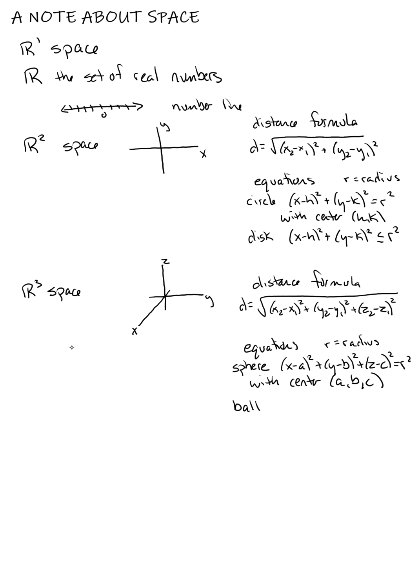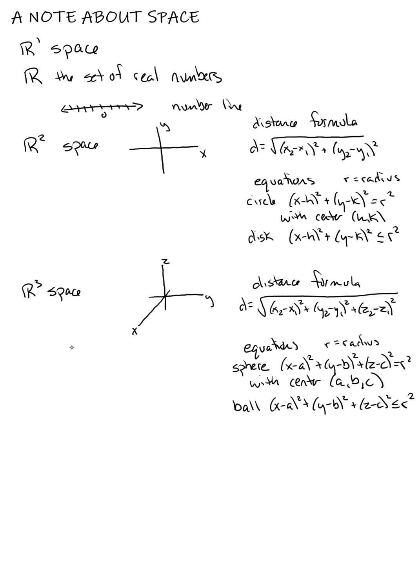A ball is sort of like a disc. So a sphere is like a circle, a ball is like a disc. And so we would have this same equation but now we use less than or equal to.